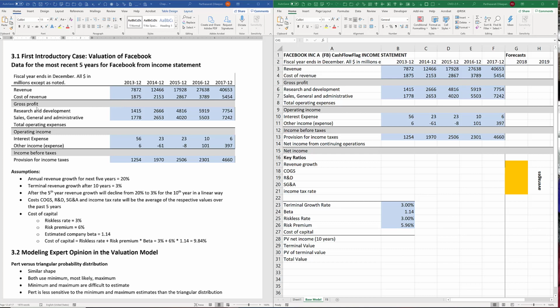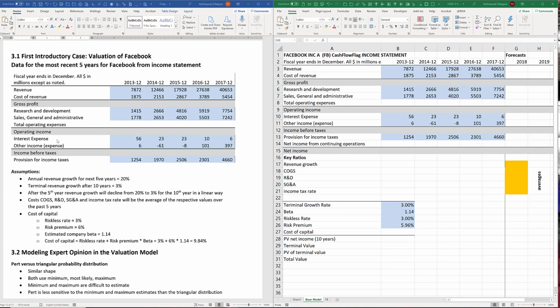Then we have other costs, research and development and sales, and other administrative expenses. Add these, you get the total operating expense. Subtract that from gross profit, you get the operating income.